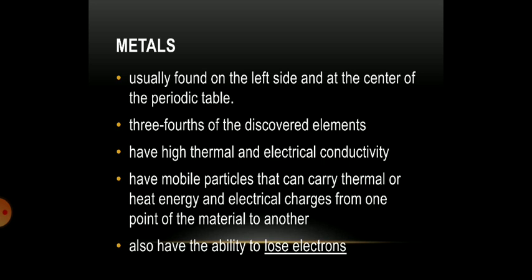Metals have mobile particles that can carry thermal or heat energy and electrical charges from one point of the material to another. This is the very important phenomenon by which metals transfer electricity, meaning we can pass electricity through any metallic conductor.